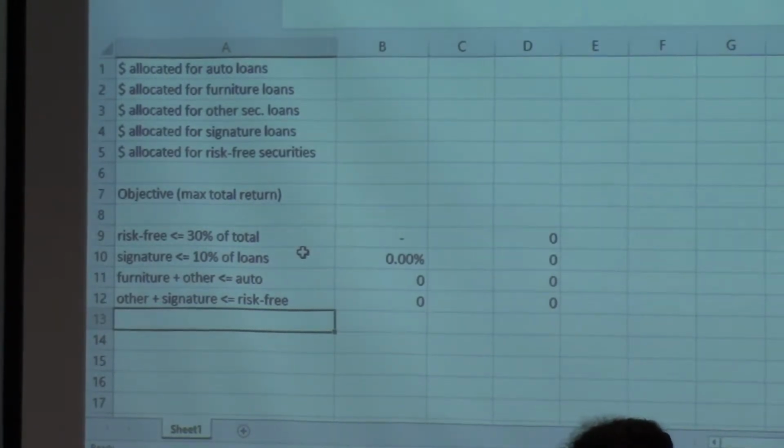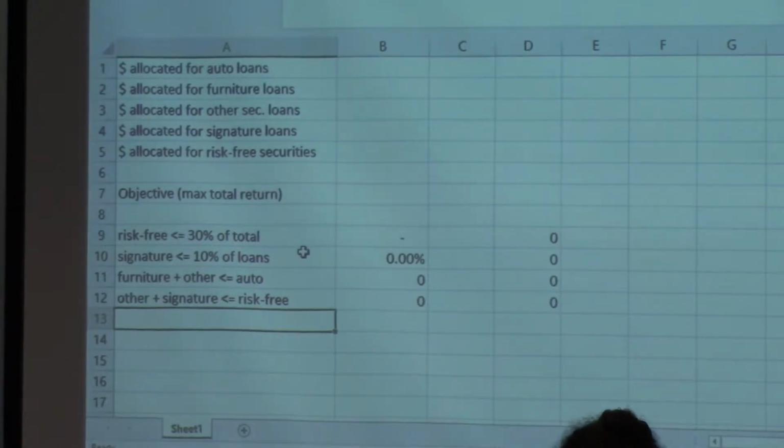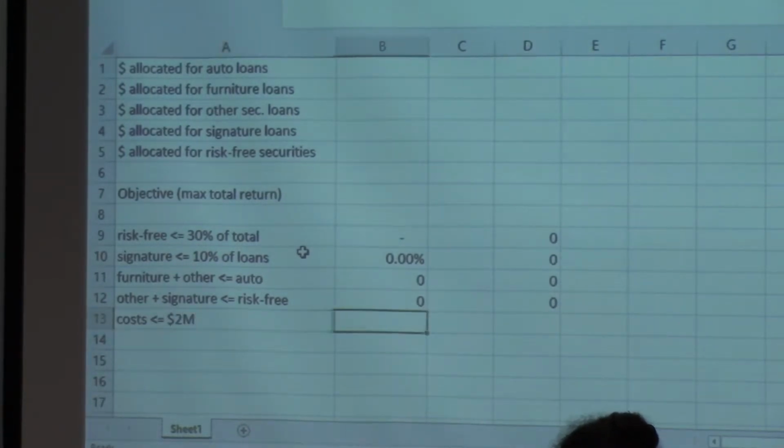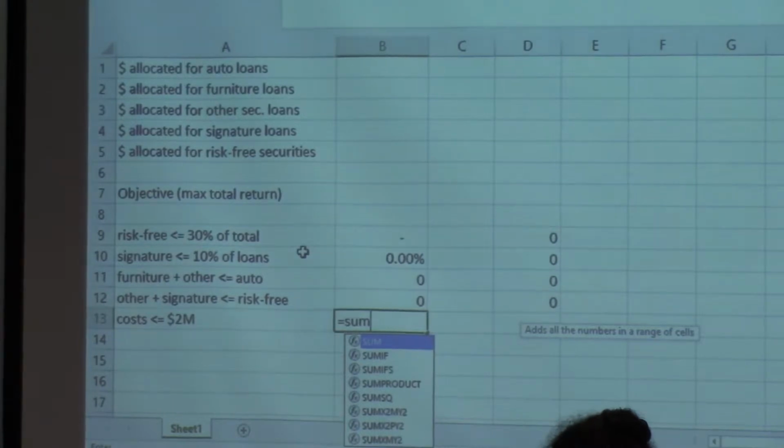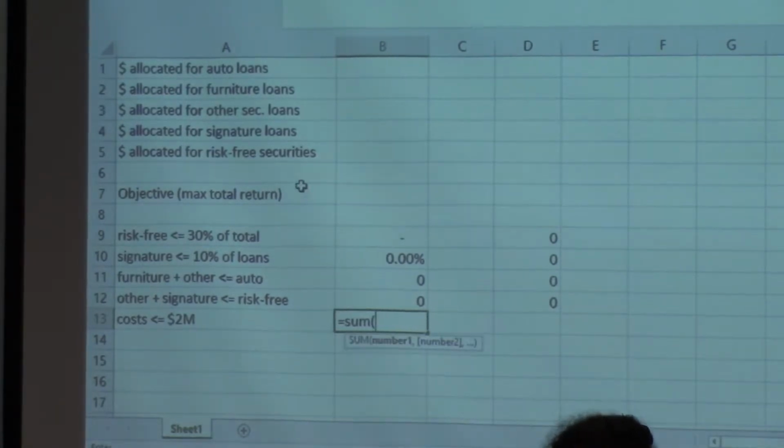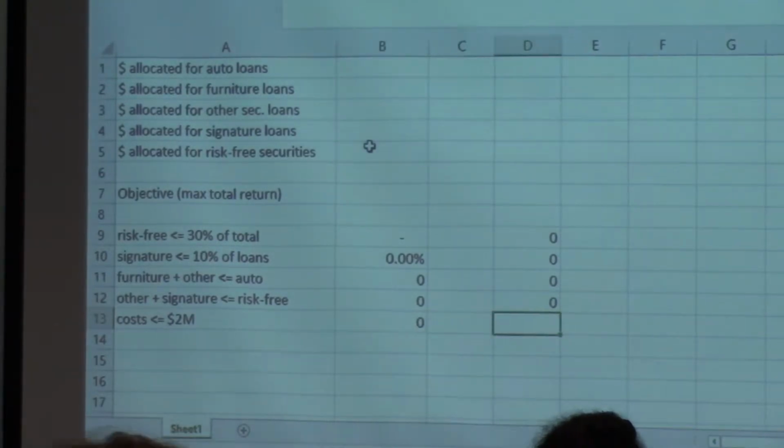So everything all together costs less than or equal to $2 million. Here's where I am going to take advantage of Excel and not have to type in a bunch of equations. I'm just going to use our sum function here, so I can just sum these values. I just want the value of all of those together to be less than or equal to 2 million.